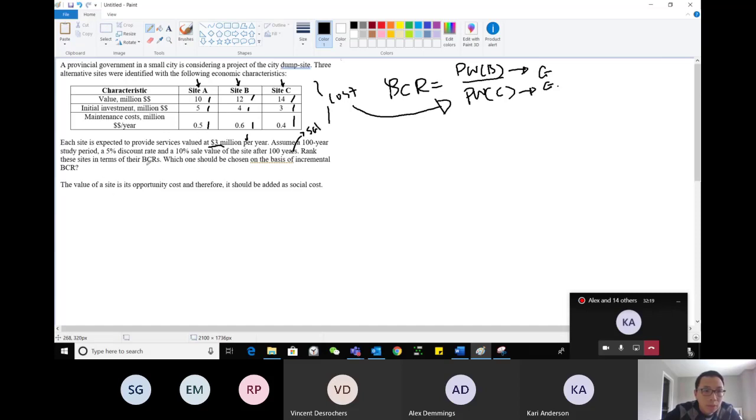Rank these sites in terms of the BCR and which one is the best scenario. That's what the question is asking for. So it's the same thing: 3 mutually exclusive projects. Compare them using the BCR method.